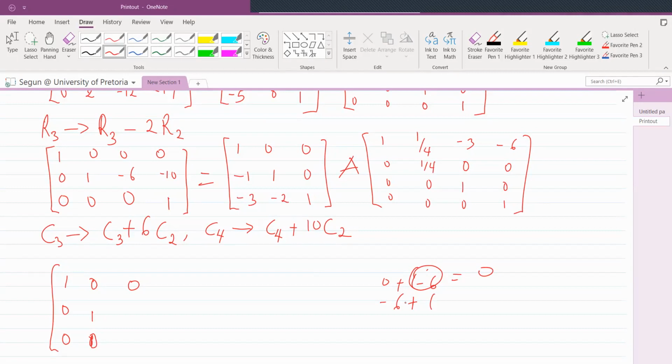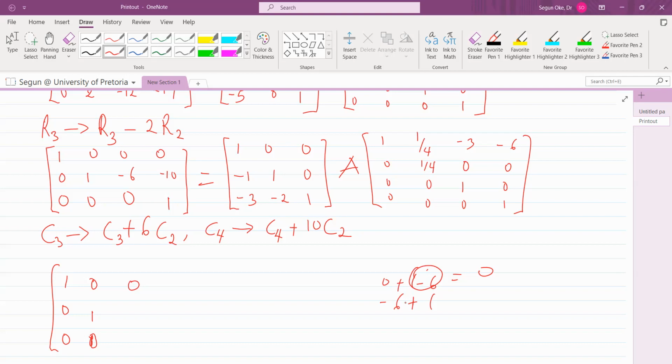Any question? C2 is what? Anybody? One. C2 is 1.